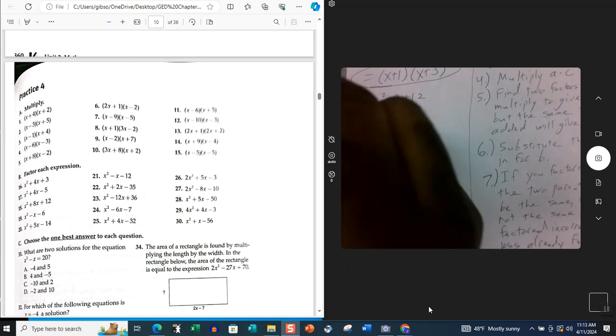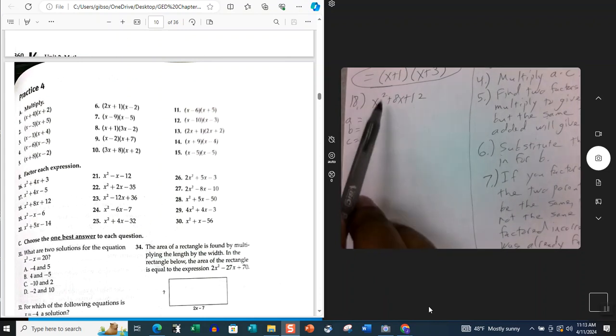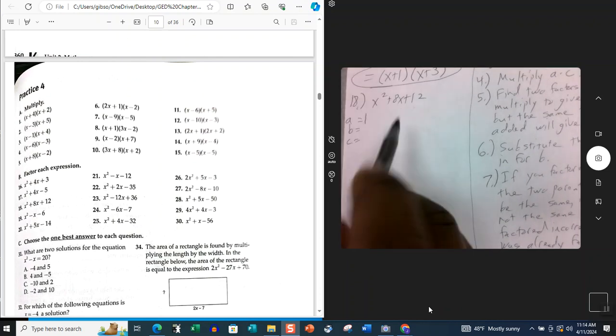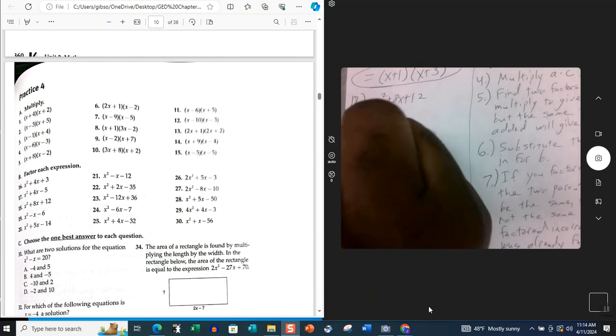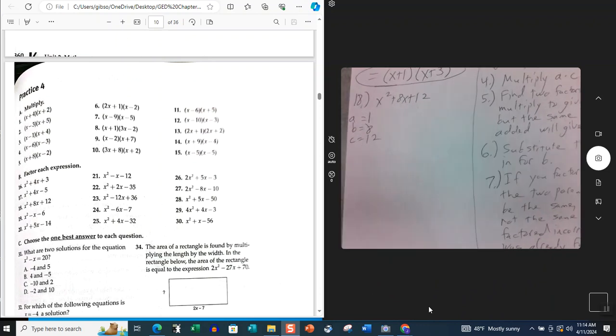Step 3, we list a, b, and c. And remember, these are the coefficients of the ax squared plus bx plus c. The coefficient of x squared is 1. The coefficient of x is 8, and c is the constant, which is 12.